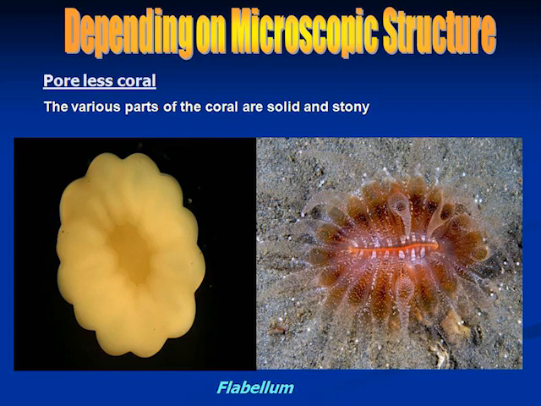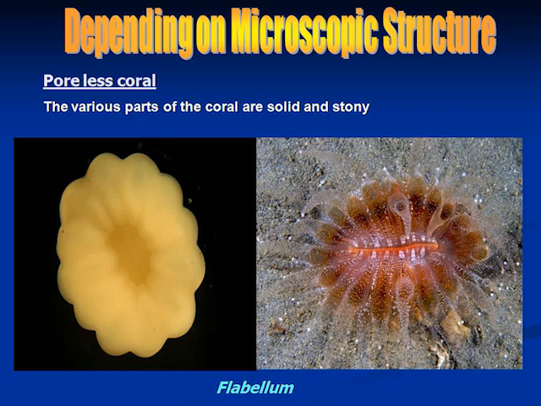The third classification, depending on microscopic structure, divides corals into poreless coral and perforate coral. In the poreless coral, the outer surface is almost solid, so the sclerosepta and the outer thecal portion are almost solid.